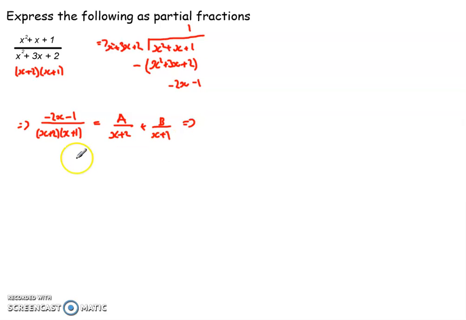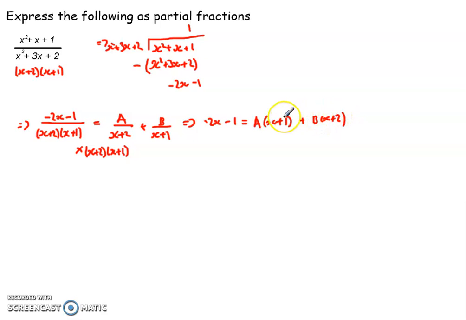We'll need that as part of our answer, but right now the focus is on writing this out in partial fractions. So again, we want to get rid of the denominator, so we're going to multiply through by x plus 2 and x plus 1. What that means is that negative 2x minus 1 equals a times x plus 1 plus b times x plus 2.